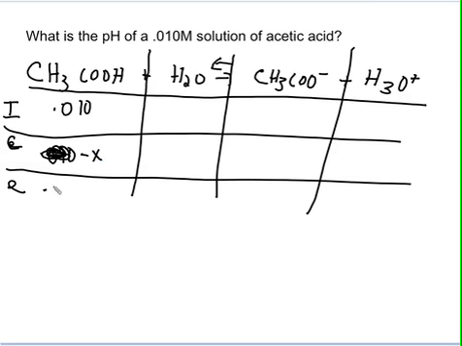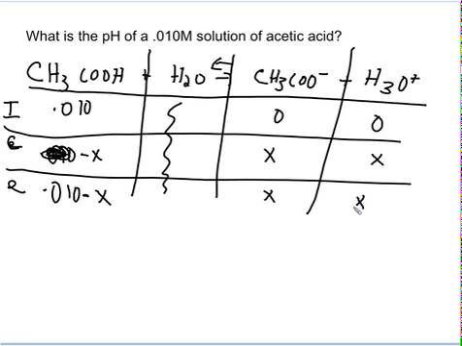So at equilibrium, it's 0.010 minus x. Water is not part of the equilibrium expression, so we're not going to worry about it. Initially, we have 0 of this and 0 of that. If this goes down by x, since it's a 1-to-1 mole ratio, this is going to go up by x, and this is also going to go up by x. So at equilibrium, we have x of this and x of that.